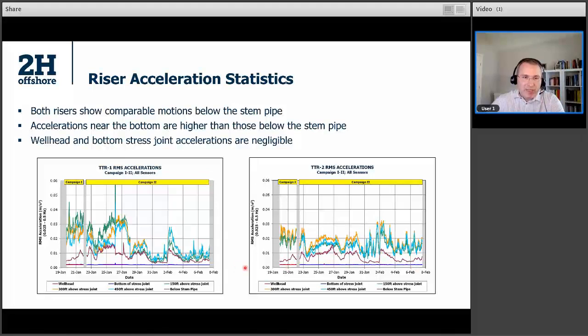Actually, we are seeing almost a flat line. These motions are so small that they are below the sensor noise level. So this confirms that the wellhead motions are negligible during this monitoring campaign for both risers.